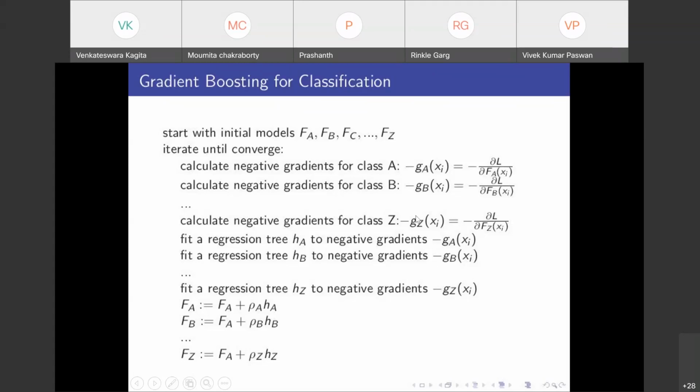Once we get these models HA, HB, and so on, HZ, we update the models: FA equal to FA plus HA, FB equal to FB plus HB, and so on, FZ equal to FZ plus HZ. There was a mistake on the slide here, this is FB. Alright, this is what we do here.